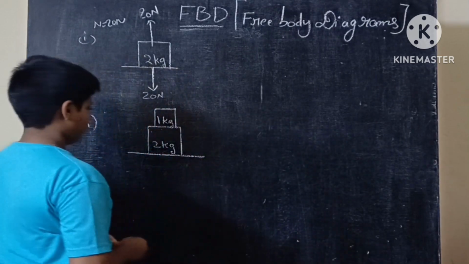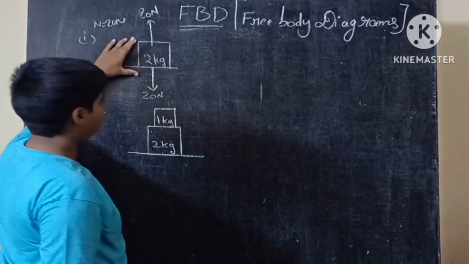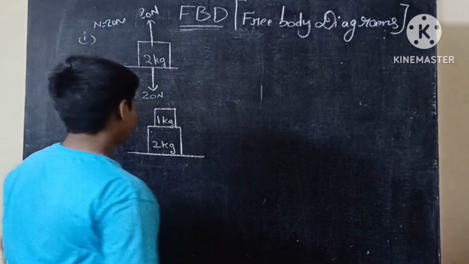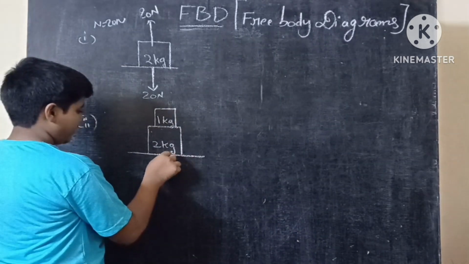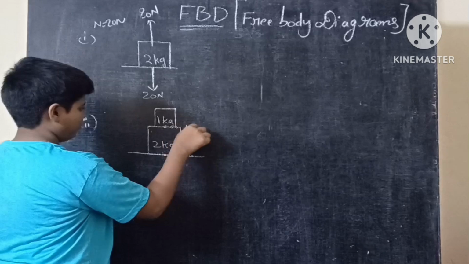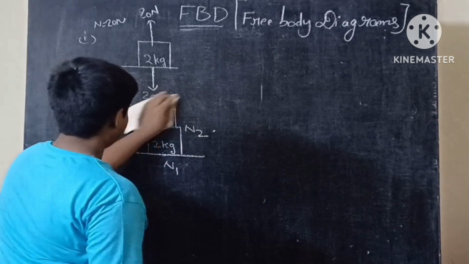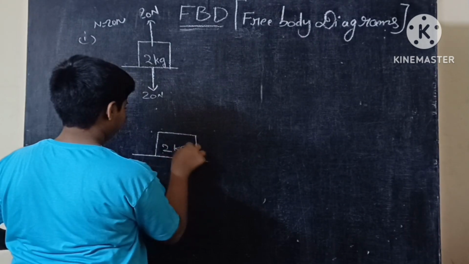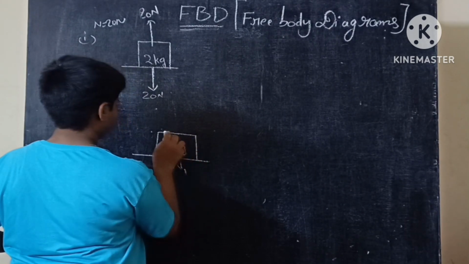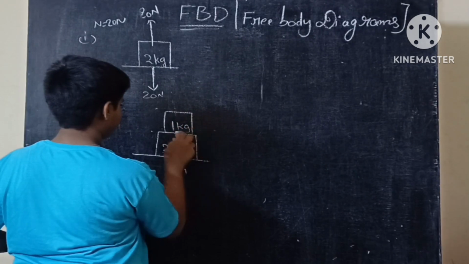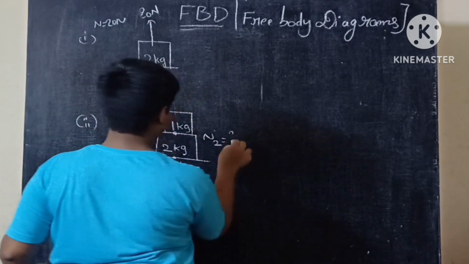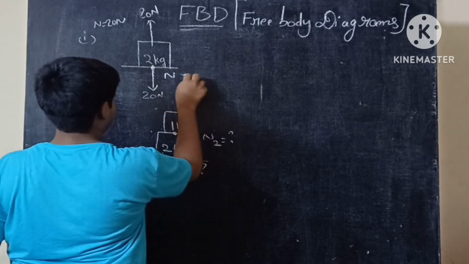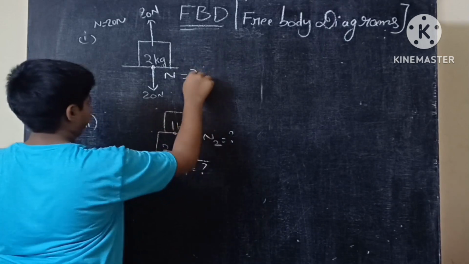If they give one body we isolate the body, but if they give two bodies, how to do it? Here there are two normals, normal 1 and normal 2.